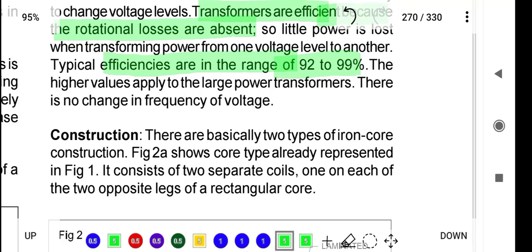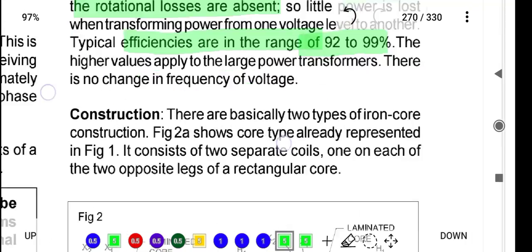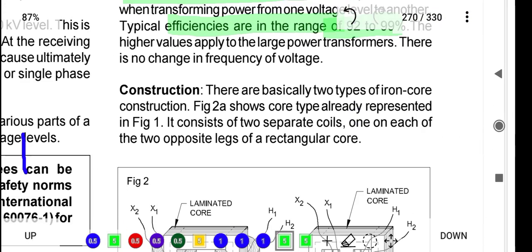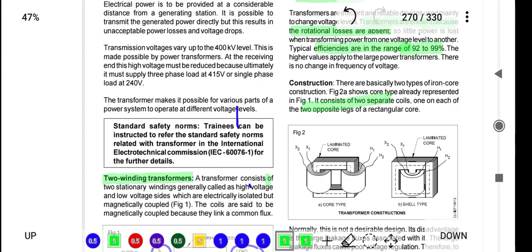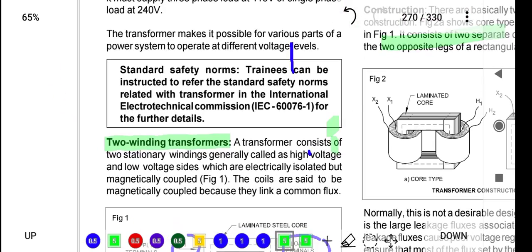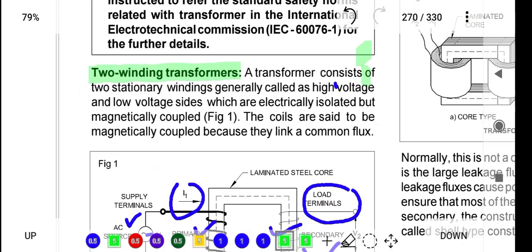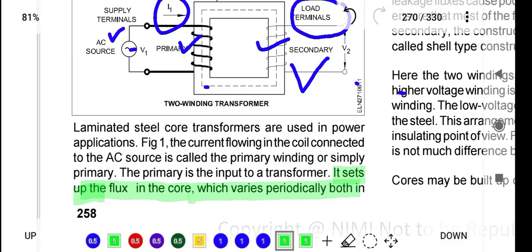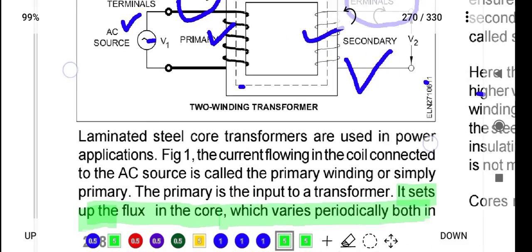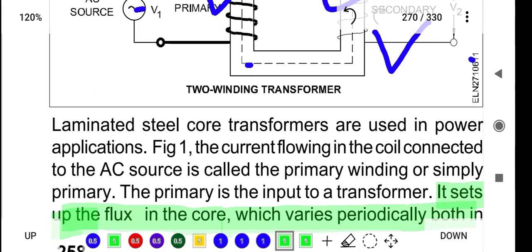Next, construction of transformer is there. I will see if I missed anything in the first part; if I missed some point, I will cover it. See, one point I have missed here. Laminated steel core transformers are used in power applications.